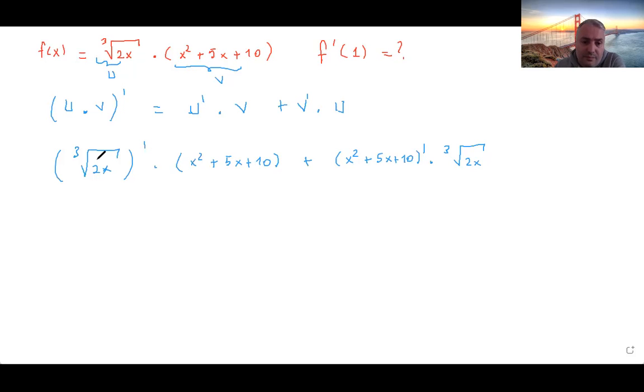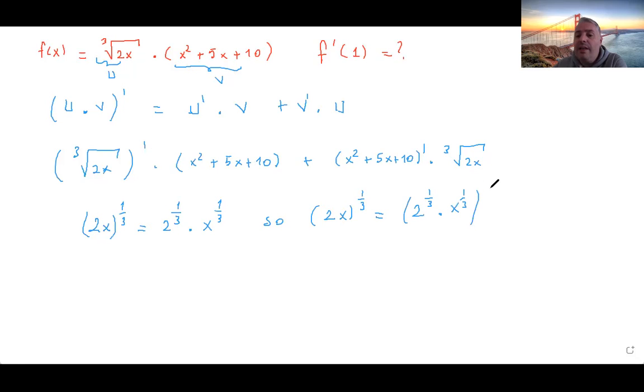First of all, I can say that the cube root of 2x could be written as 2x to the power of 1 over 3. And it could be written as 2 to the power of 1 over 3 times x to the power of 1 over 3. So when I need the derivative of 2x to the power of 1 over 3, this is 2 to the 1/3 times the derivative of x to the 1/3.